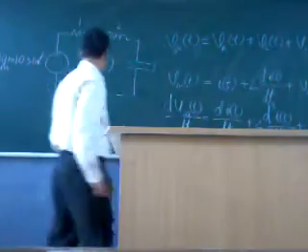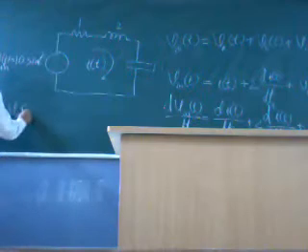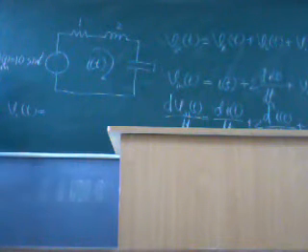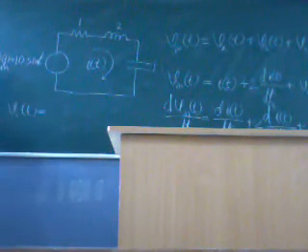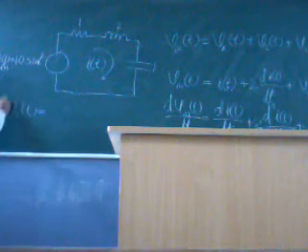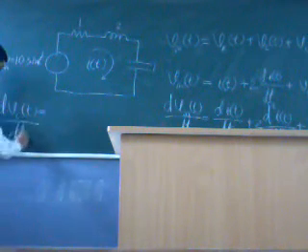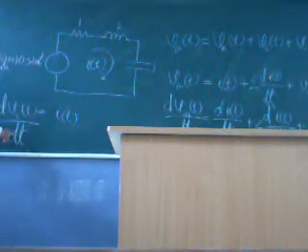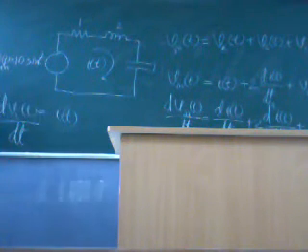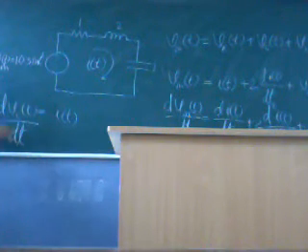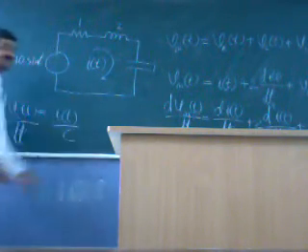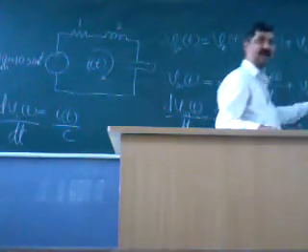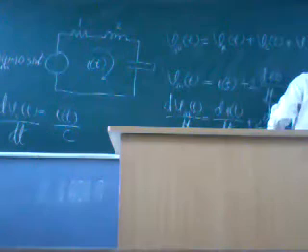Now what can you write for dV_C(t) upon dt? For capacitor we know that i is equal to C dV by dt. So C dV_C(t) by dt is i(t). So dV_C(t) by dt is i(t) upon C. C is 1 here. Therefore I will replace that directly by i(t).